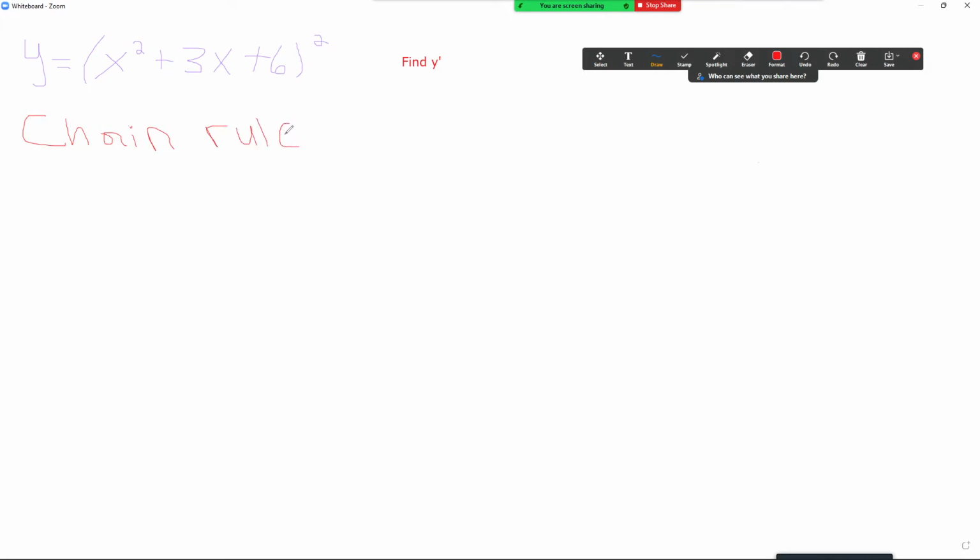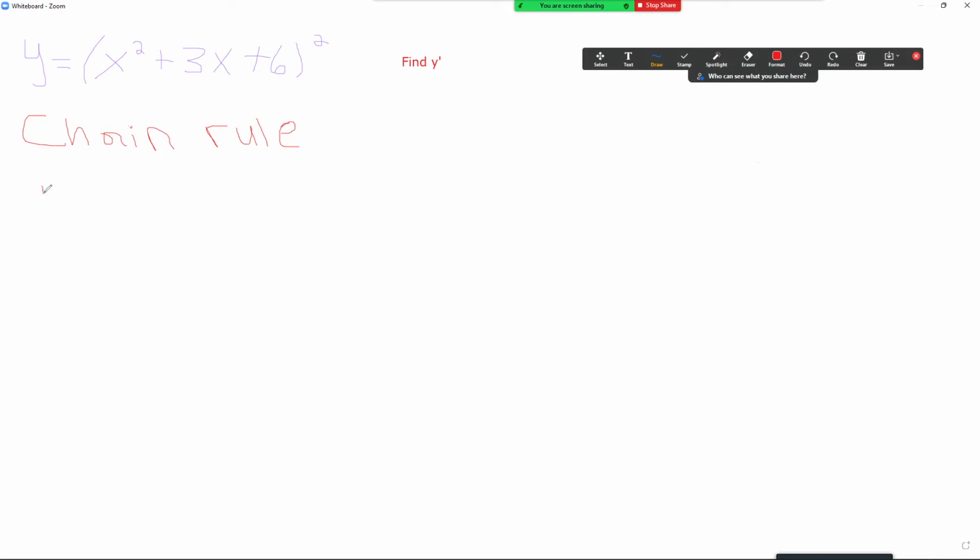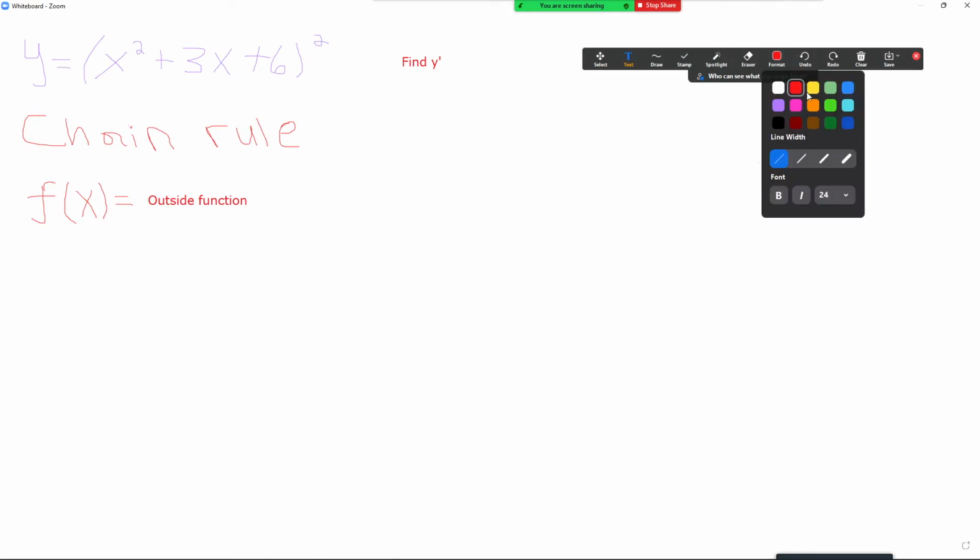and an outside function. So here, let lowercase f of x represent the outside function. And we're going to try to connect these little ideas here.